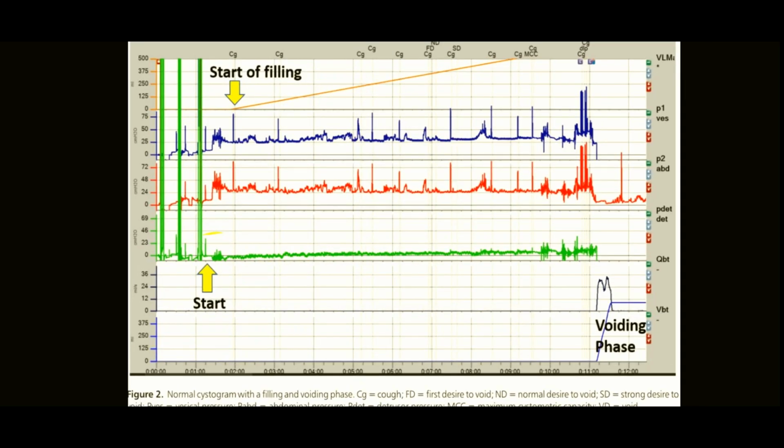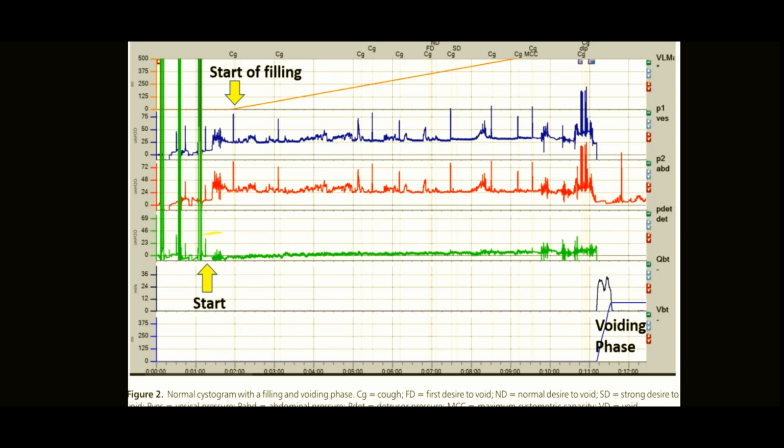Again, this is a normal cystometry, and check again here that there is no change in the pressures of the detrusor. There's no change in the pressure of the bladder and the abdomen. Everything is changing accordingly. There's no sudden increase or decrease in any of the graphs.